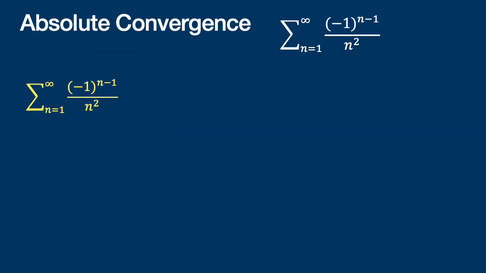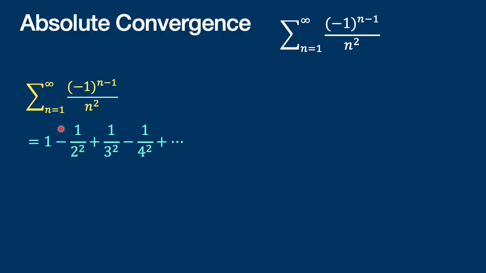Let's talk about different convergence, okay? You see that alternating series right there. When you expand it, guys, it is 1 minus 1 over 2 squared plus 1 over 3 squared minus 1 over 4 squared, and keep going.